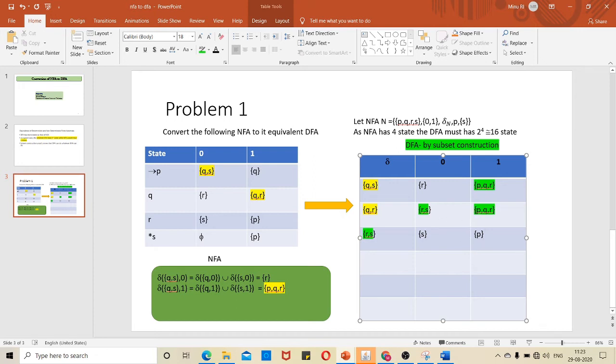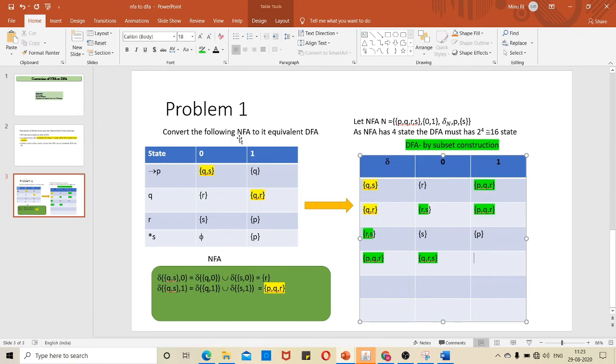The next one is p, q, r, so this new state we will take. In p, q, r when it is 0 it goes to q, s, and r, s. So the union of q, s, union r, s is going to be q, r, s, am I right? So simply write q comma r comma s, and you can see that this is our new state.